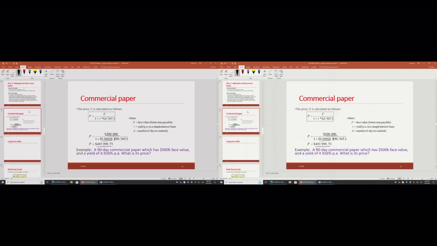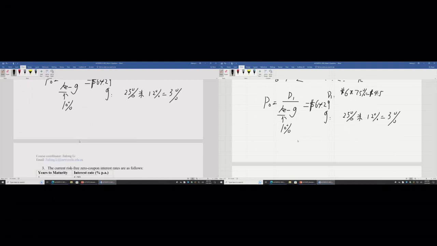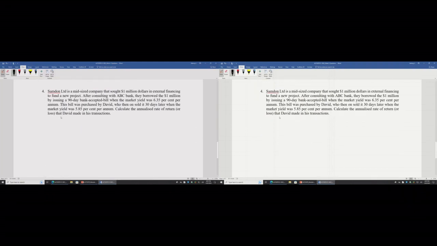Right, so probably we can still have another practice. So just to get familiar with this formula, let's look at question 4. So this is a bank bill, issued a 90-day bank bill, and the market yield was 6.35% when the bank bill was issued.